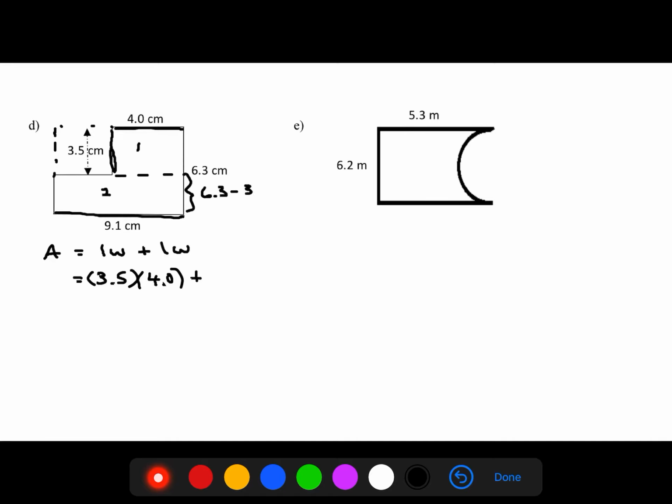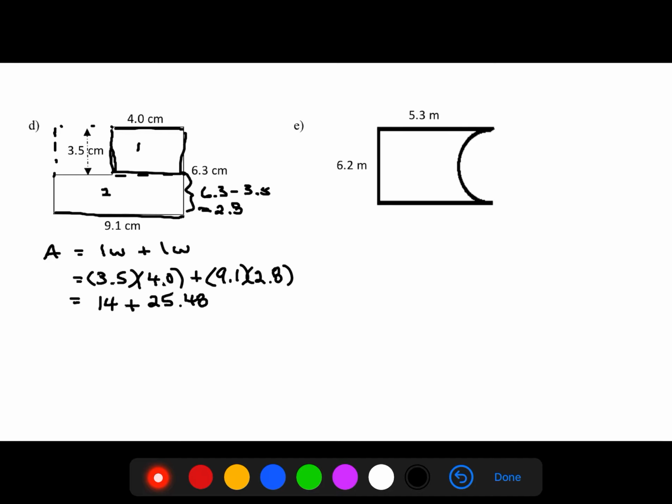It's not 6.3 just for that, it's all the way across there, but it's going to be 6.3 minus 3.5 that we also already took off here. So 6.3 minus 3.5 gives us 2.8. So our second section is going to be 9.1 times 2.8, and we're going to calculate both of those sections.